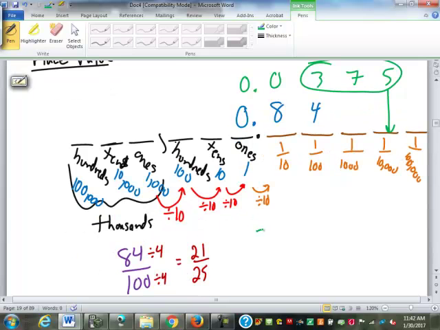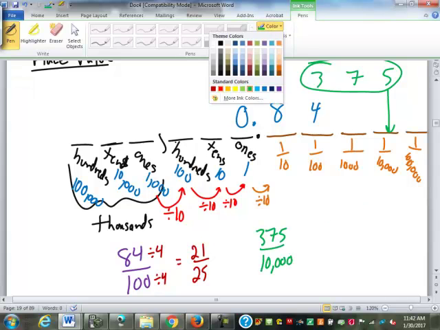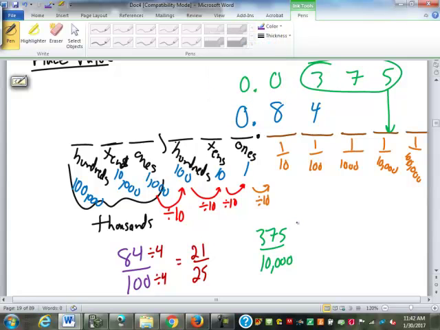So that would simply be 375 10,000ths. And of course, you would have to reduce that. Both of those numbers are divisible by 5. Both of them are divisible by 25 even. I'm going to make it easier on myself, and I'm going to divide them. They're both divisible by 125. It would be 3 over 80.